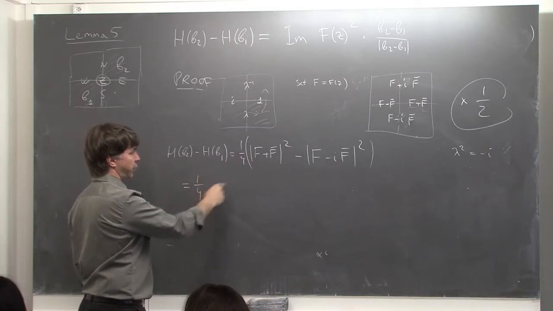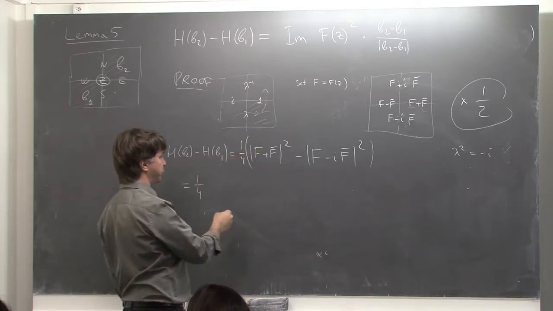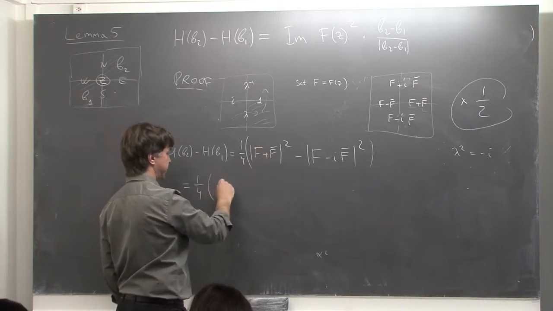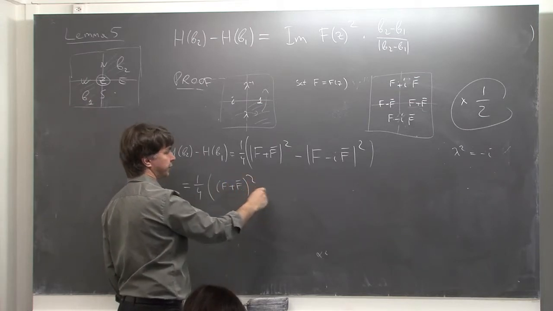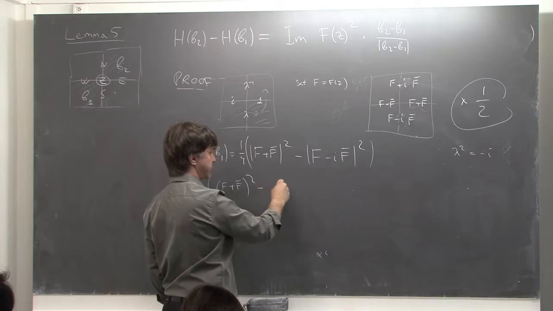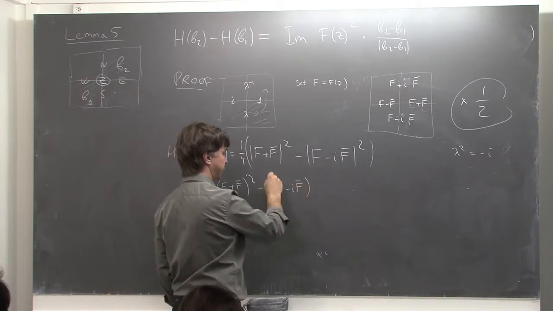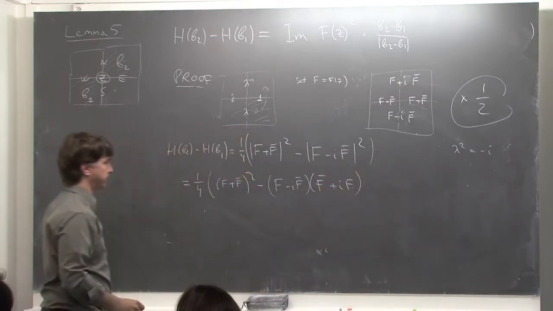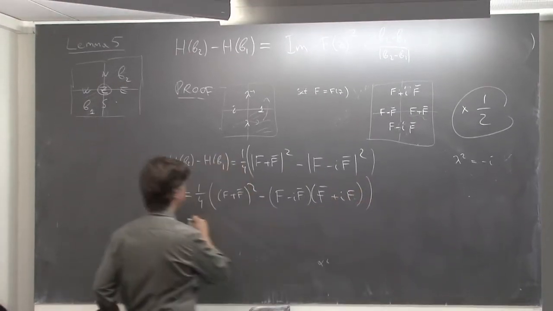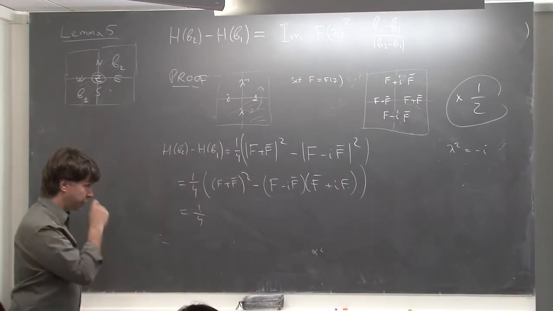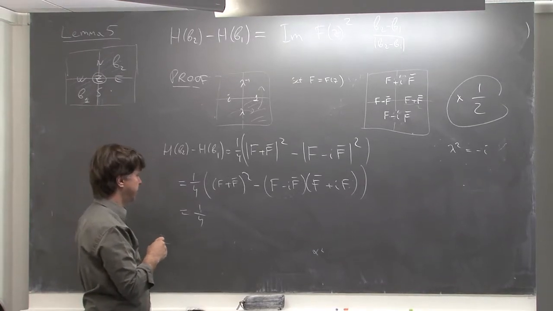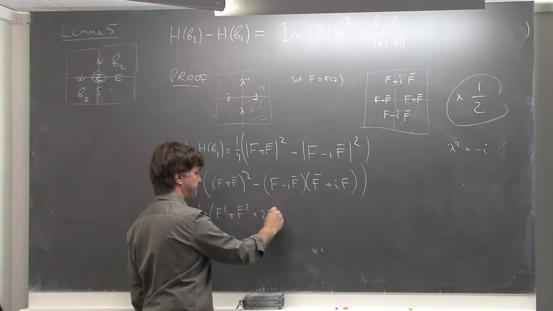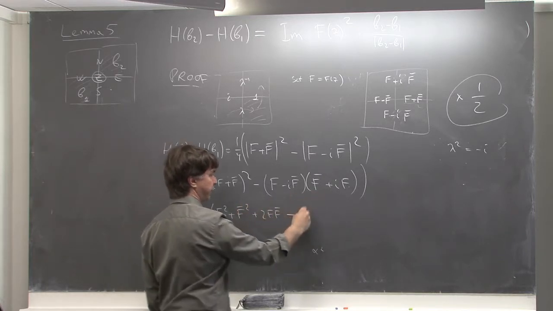The square of the absolute value of a number is the number times its complex conjugate. And we can open the brackets, so it will be f squared plus f bar squared plus twice f f bar minus f f bar.